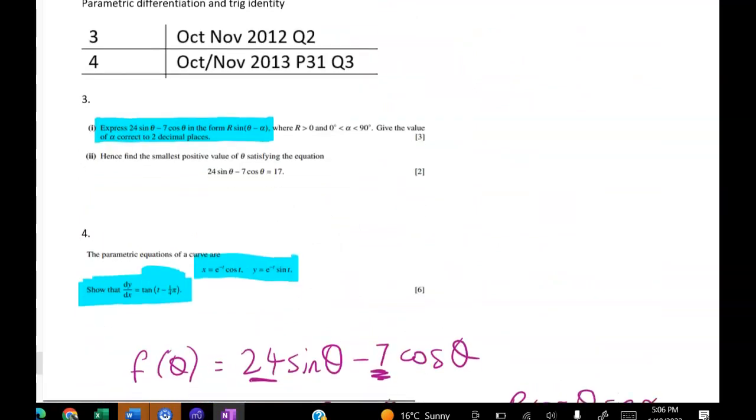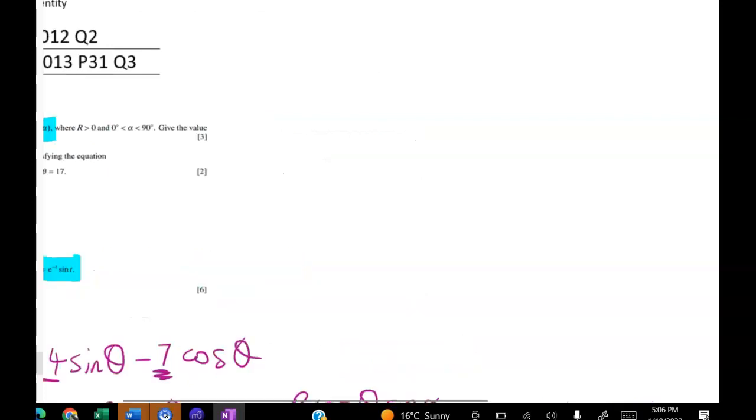And then on to question 4, which is the parametric equations question. To show that question, we have to show that the derivative is equal to this compound tan thing. We've got x is equal to e to the negative t cos of t, and y is equal to e to the negative t sine of t.